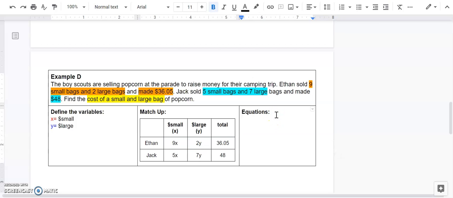So how much he made from the small plus how much he made from the large ones gives him $36.05. And then for Jack, it's money from the small plus money from 7 large, gave him 48. Boom, there's our system of equations that works together.